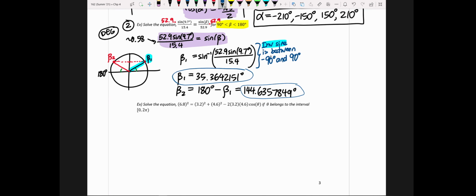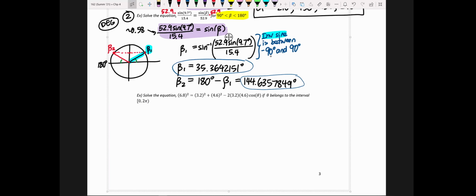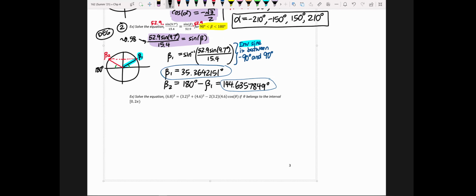Okay. So just for practice here, if they ask for all solutions, after you get the solutions between 0 and 360 degrees, you add, so we're going to round to the nearest 10th. It doesn't specify, but we'll just follow to the nearest 10th. In MyStatLab, it will always specify rounding.